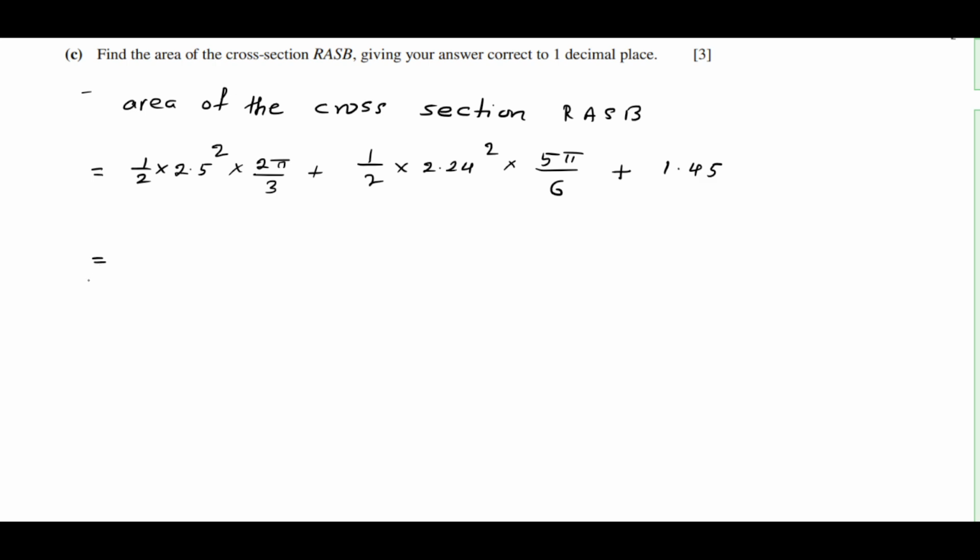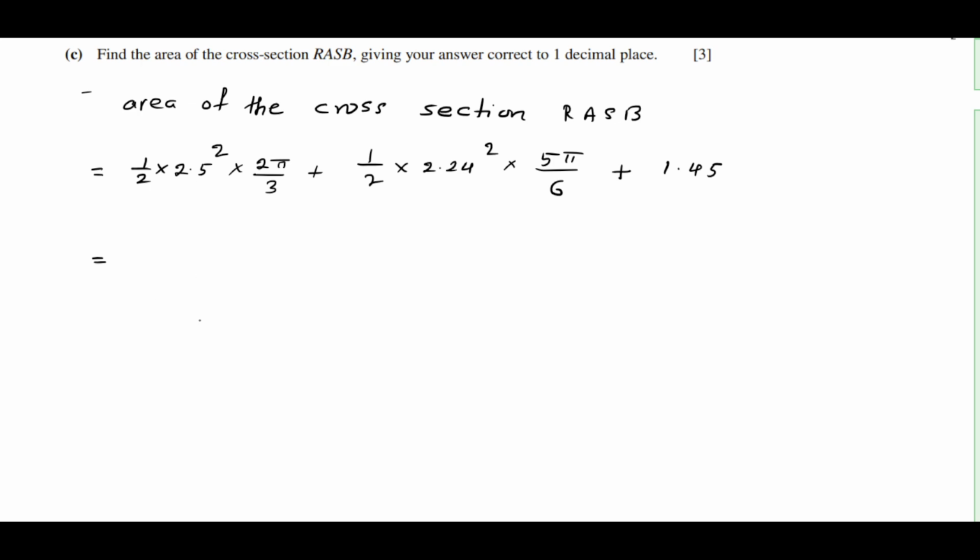Okay, so this will be equal to 0.5 into 2.5 square into 2 pi by 3.